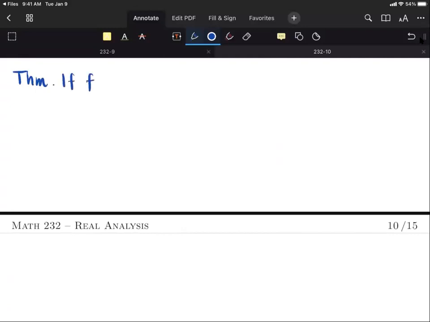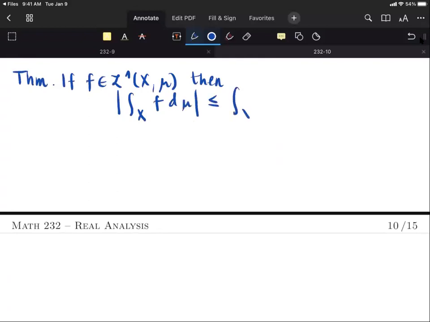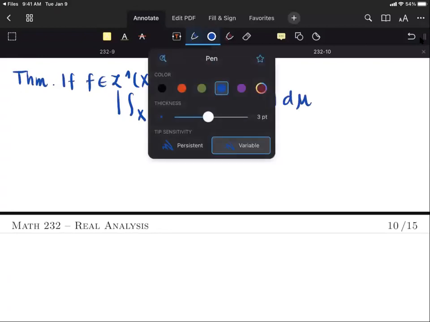So having a Lebesgue integrable function f, the absolute value, or the modulus, of the Lebesgue integral is less than or equal to the Lebesgue integral of the modulus.